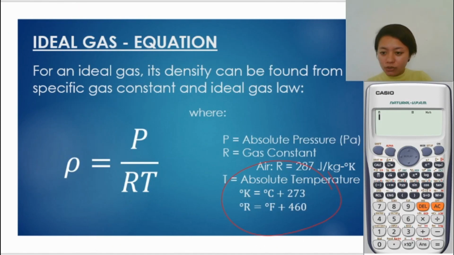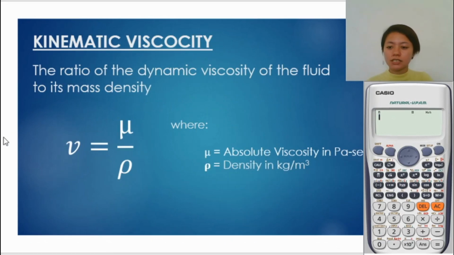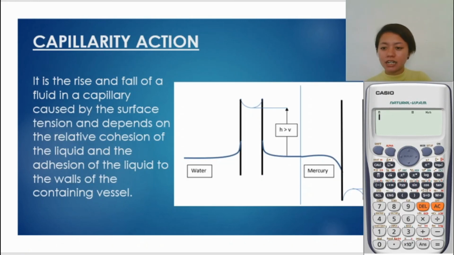Next, we have the ideal gas equation, whose application is usually the density of gases only. Then kinematic viscosity, the ratio of the dynamic viscosity of the fluid to its mass density. Then lastly, capillarity action, the rise and fall of a fluid in a capillary.